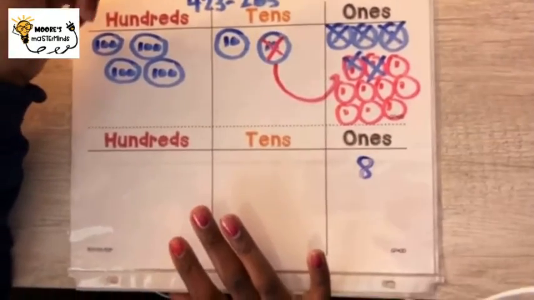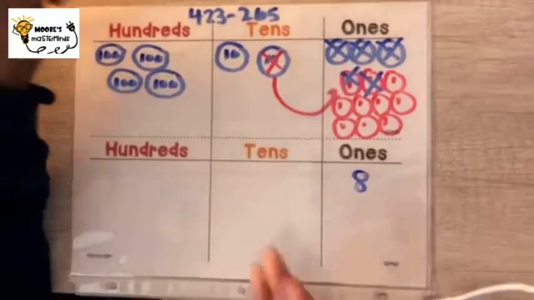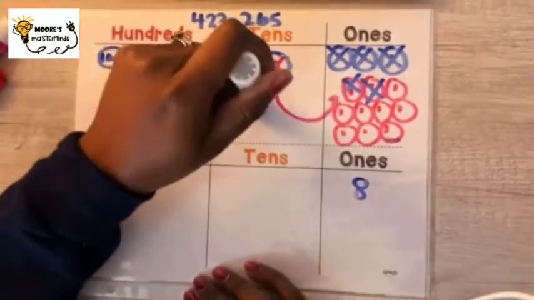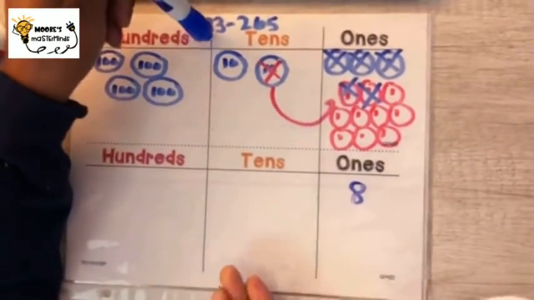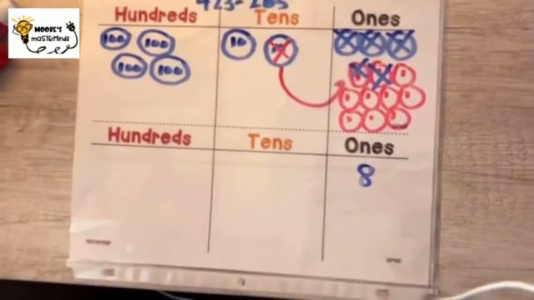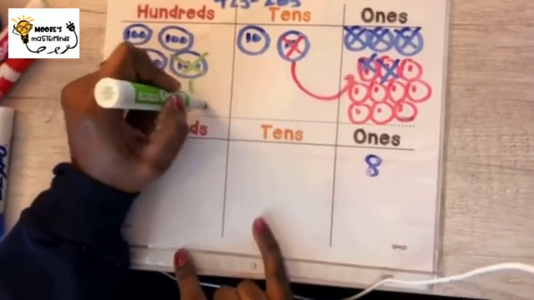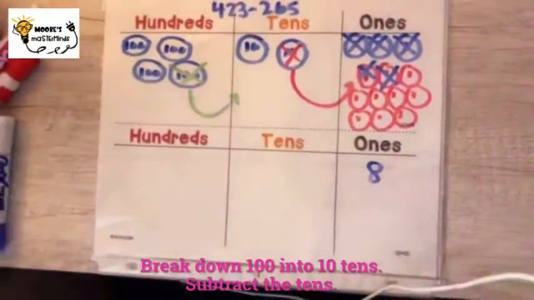All right. Our next number. I have to take out 6 tens. Now, mind you, we already broke down 1 ten, so obviously I don't have enough tens. So I'm going to have to go over here to my hundreds and break down 100. And if you break down 100, you get 10 tens.